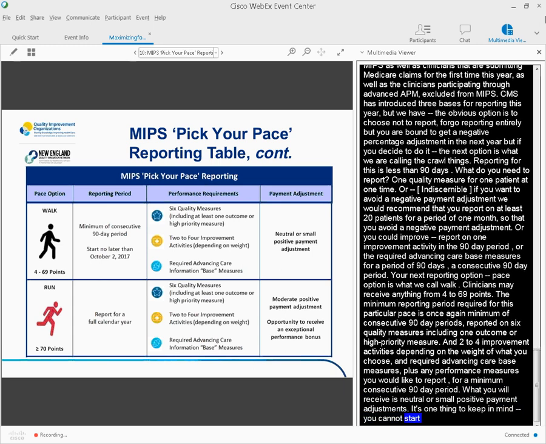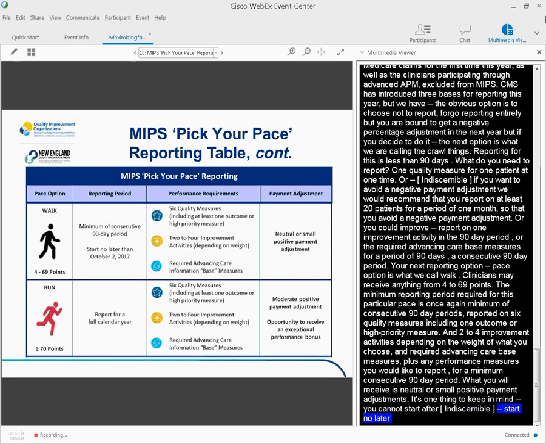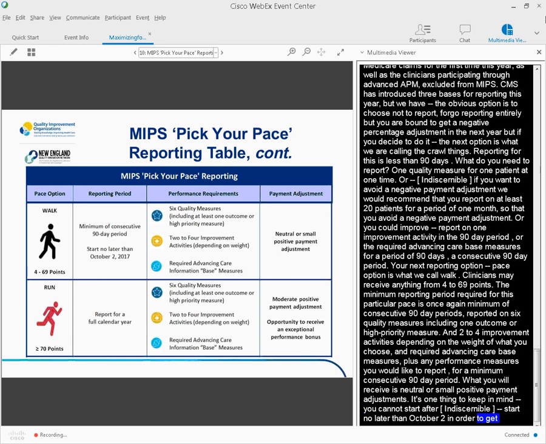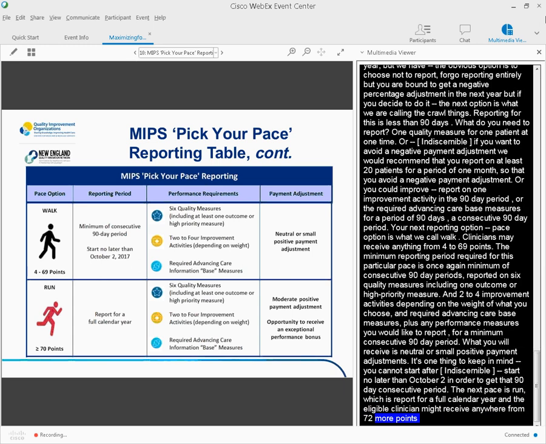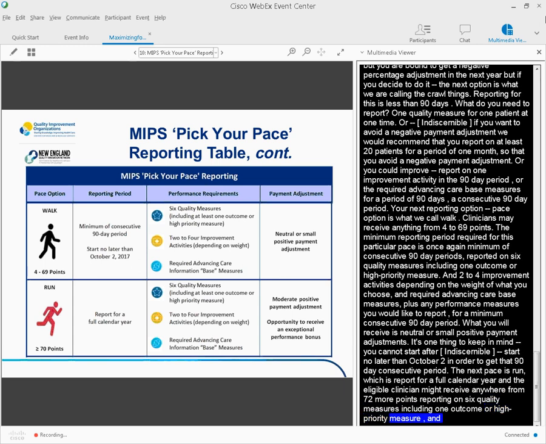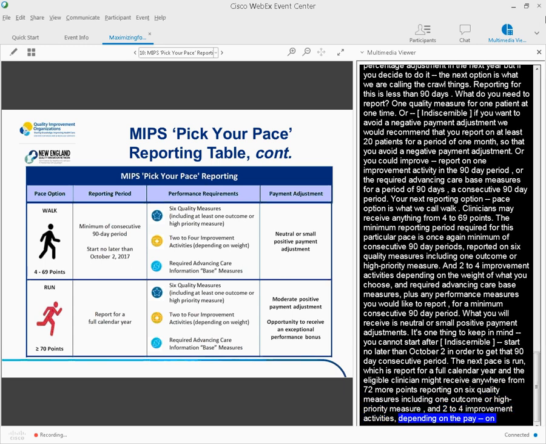Your last option is run, and you basically can report for a full calendar year. The eligible clinician may receive anything 70 and above points. What you need to report is 6 quality measures, including 1 outcome or high priority measure, and 2 to 4 improvement activities depending on the weightage. This has to be a minimum consecutive 90-day period.